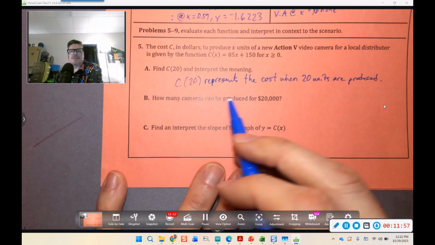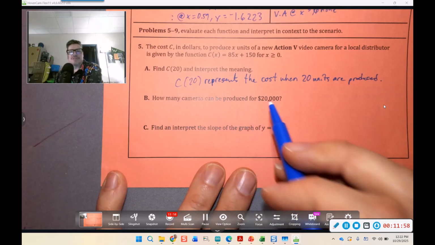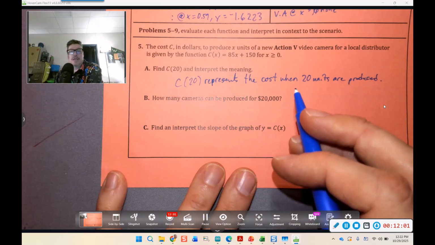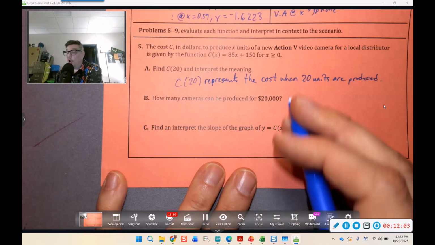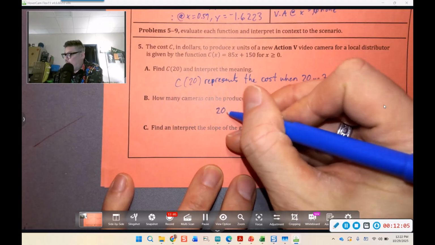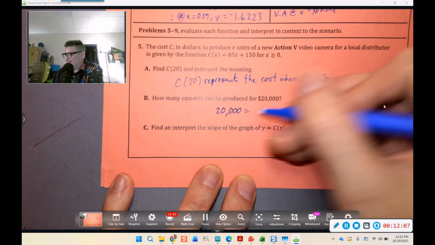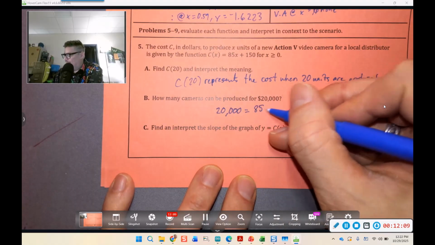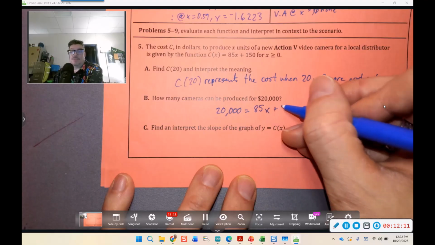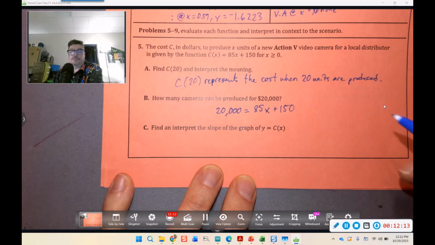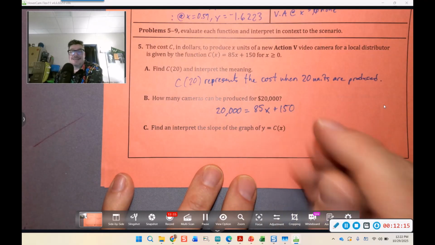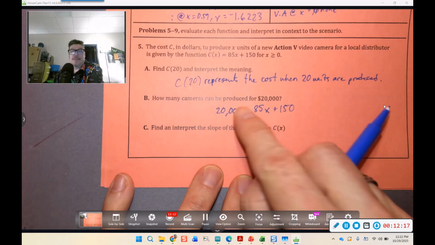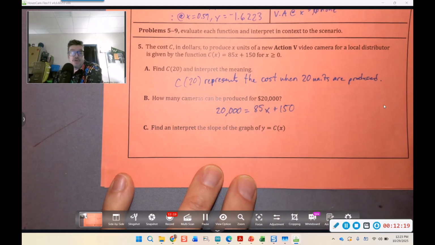How many cameras can be produced for $20,000? What they just did is they gave us the cost. So this means the cost has to equal 85x plus 150. Because what this is saying is that when I plug in a value for x, I'm going to get 20 grand. I need to know that.